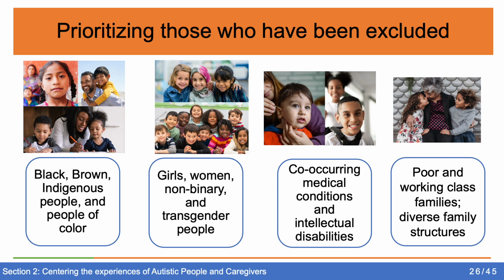Researchers should prioritize people from these groups to make sure that they can have access to acceptable supports. This will make autism supports more equitable and acceptable to all community members.